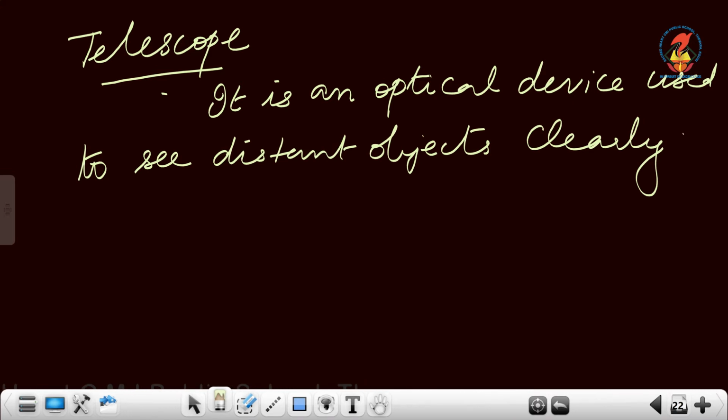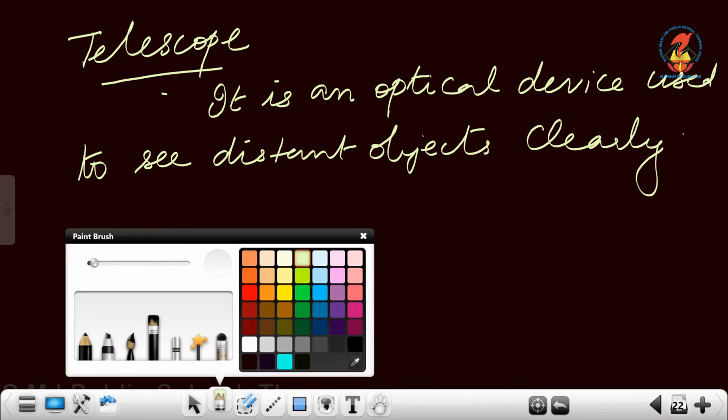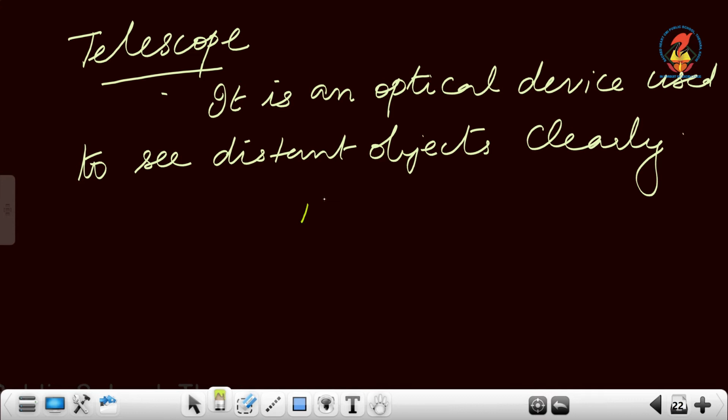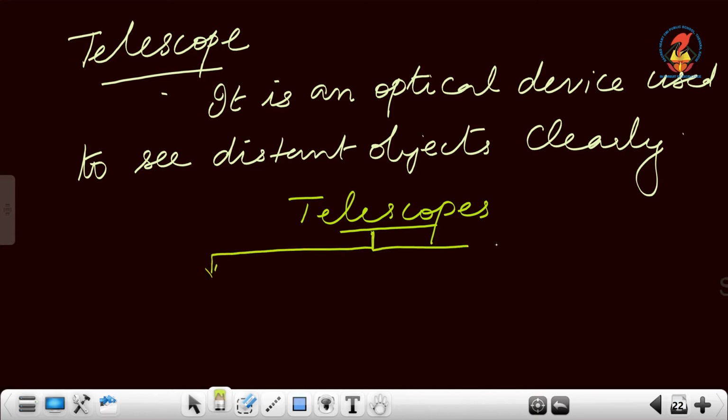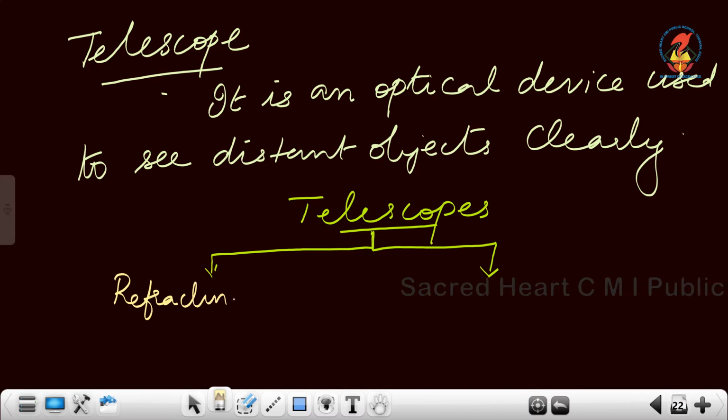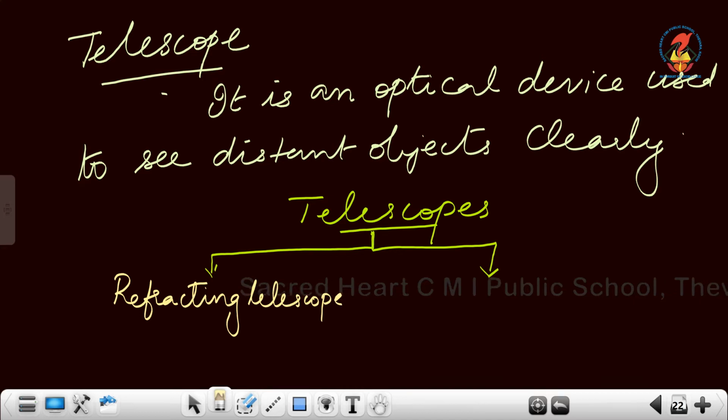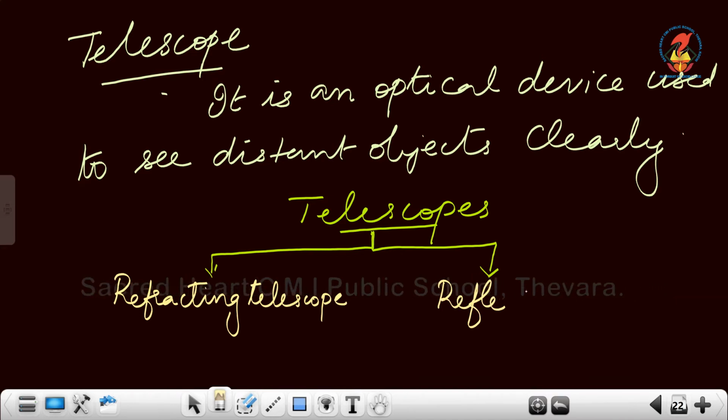Now, telescopes are of two types. The first one is the refracting telescope, and the second one is the reflecting telescope.